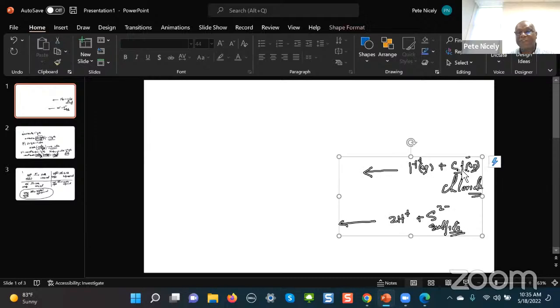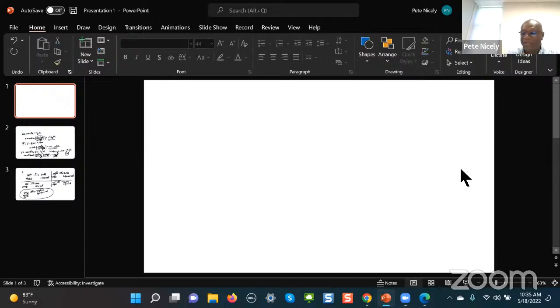So I'm going to focus now on the D part, and the D part is asking the mass of a single sodium atom. To get the mass of a single sodium atom, I take the molar mass, because remember the molar mass is the mass in 1 mole.